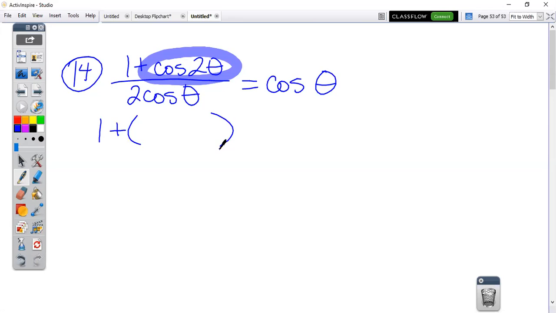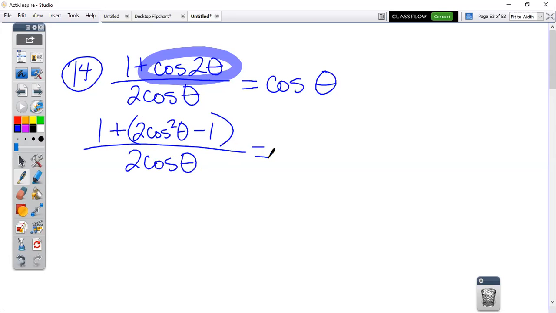And that says 2 cosine squared theta minus 1, divided by 2 cosine of theta. And lots of stuff cancels here, it's kind of a cancel spree. What's 1 minus 1? 0.